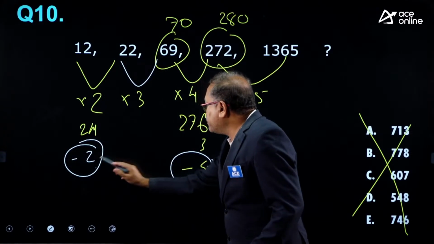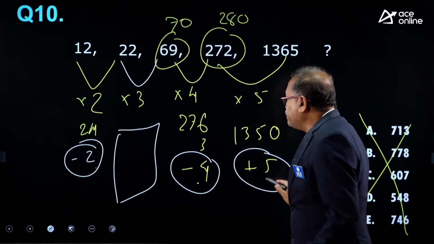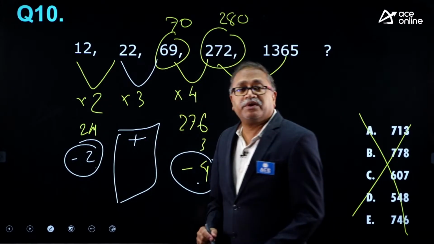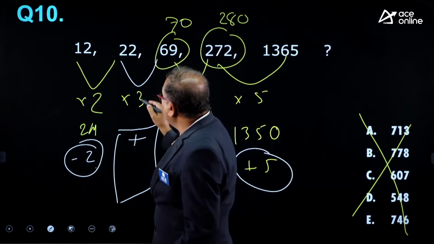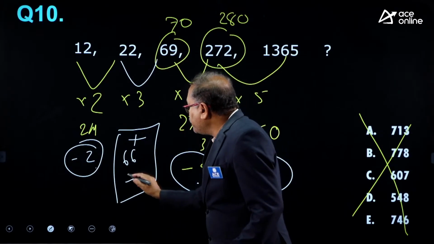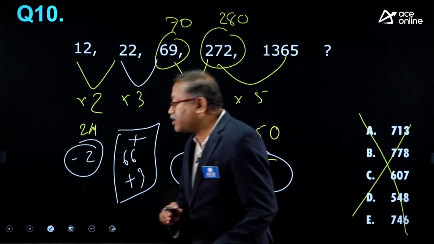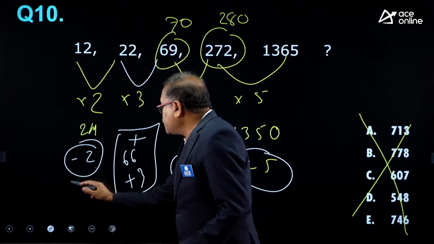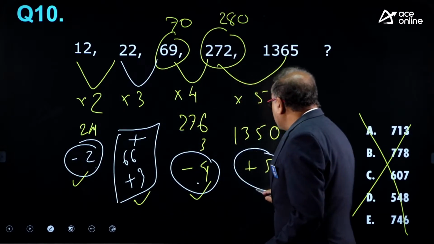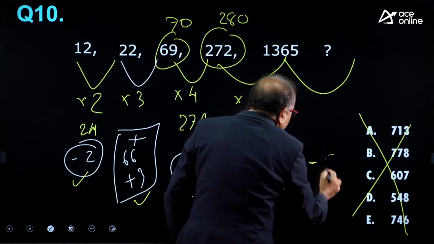So can you see that minus 2 and here something minus and plus. So obviously it should be plus here. So that is 22 into 3, then comes 66 and plus 3. Oh, beautifully you answered, madam. I am talking about Prashanti. So that is minus 2 plus 3 minus 4 plus 5, then it should be minus 6.